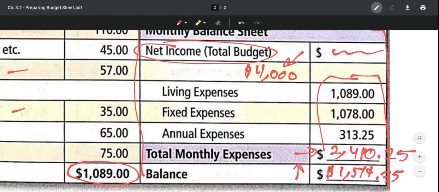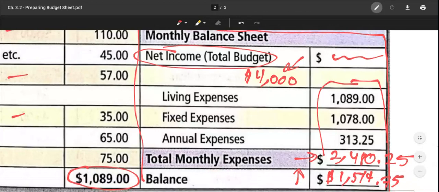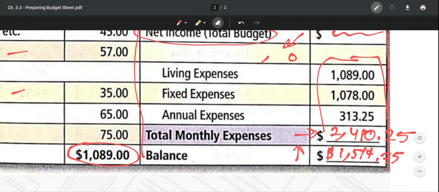Say for instance you only made 2,500. That means once you subtracted those, you would have minus 248.75... you'd only be left with $19.75.